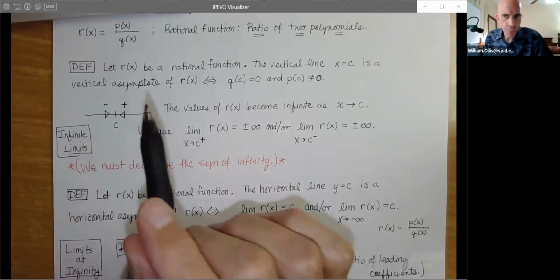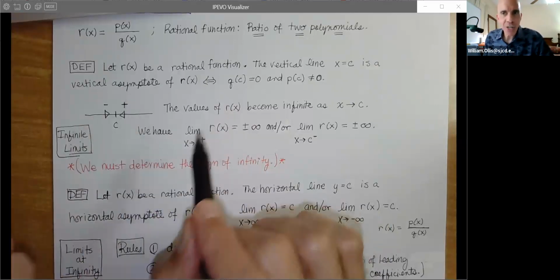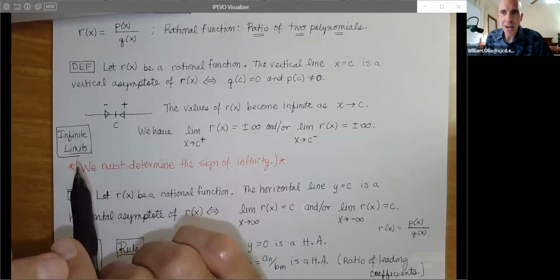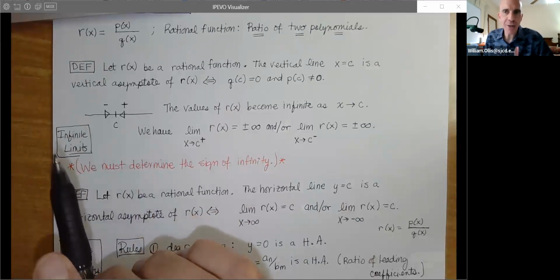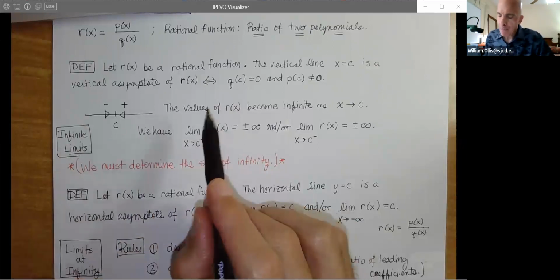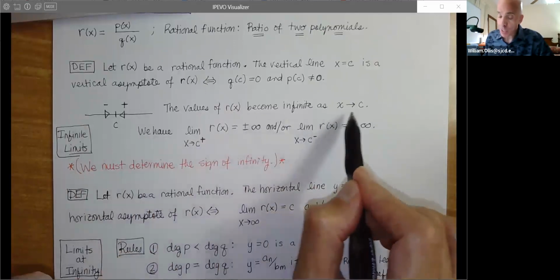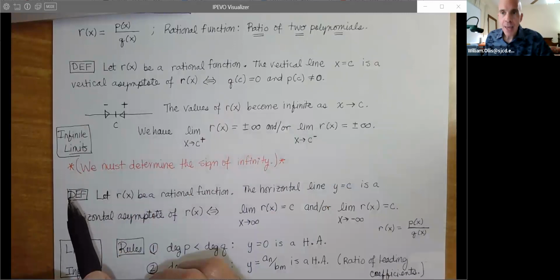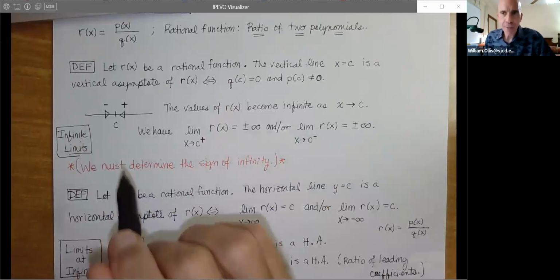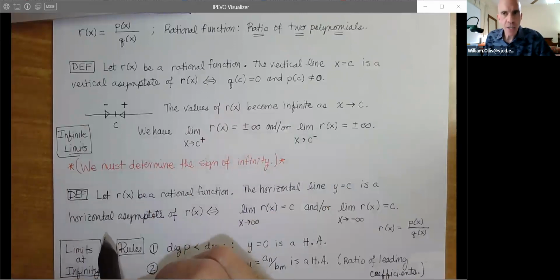Why is this even important? Well, this is what we're going to actually prove in calculus, but for now, we'll assume that our intuition supports this: the values of R become infinite as X approaches C. And you're thinking, oh, this is like the end behavior, where we look at the dominant term and try to figure out what sign we attach to infinity.